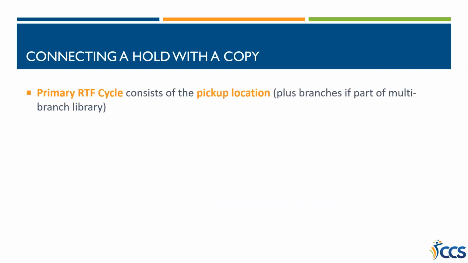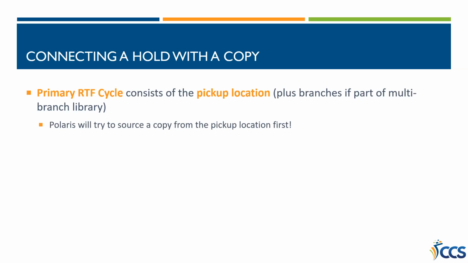The primary RTF cycle is always going to be the pickup location. And if that location is part of a multi-branch library, the primary cycle will also include those other branches. So, for example, for a hold request with a pickup location of Palatine, the primary RTF cycle is going to include Palatine's main location, the Rand Road branch, and the North Hoffman branch.